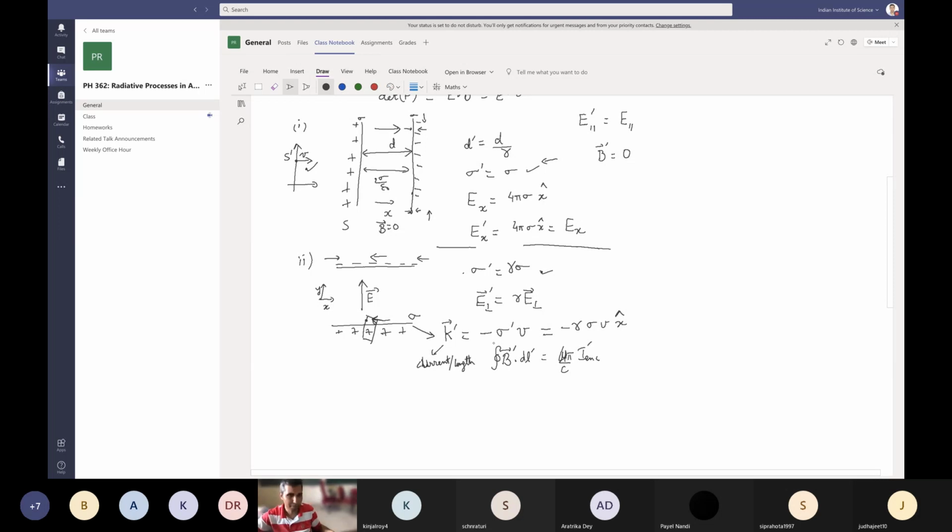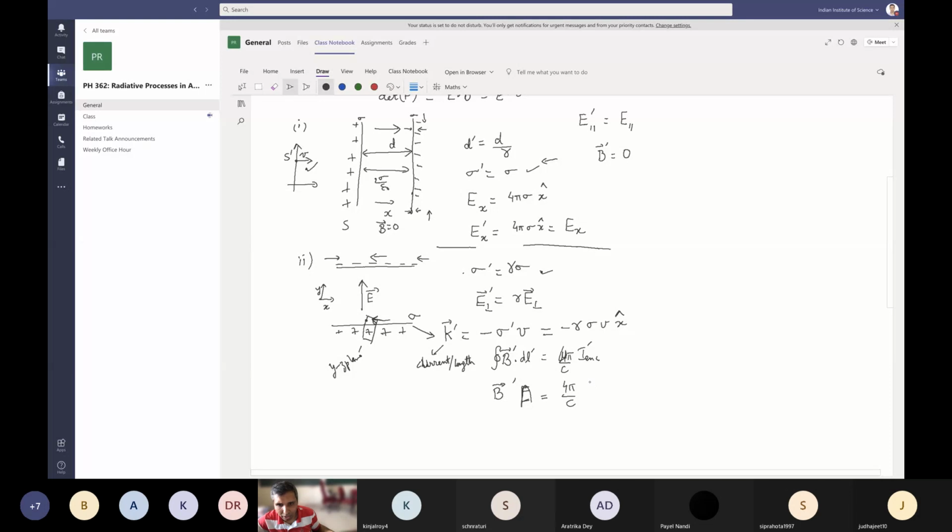So B prime equals B times the area. Let's consider this Ampere's loop in the YZ plane. So B times this area equals 4 pi by C times I.